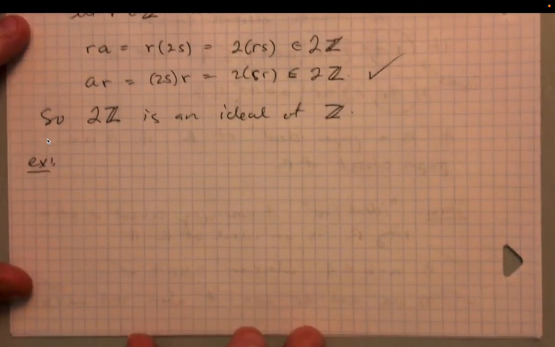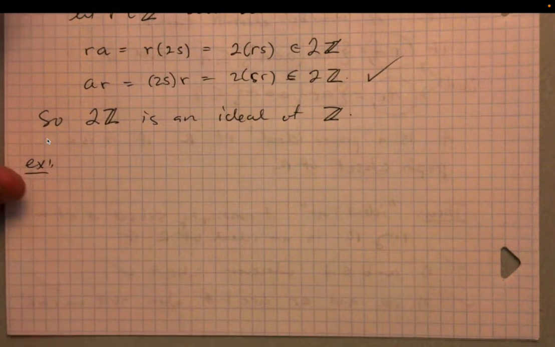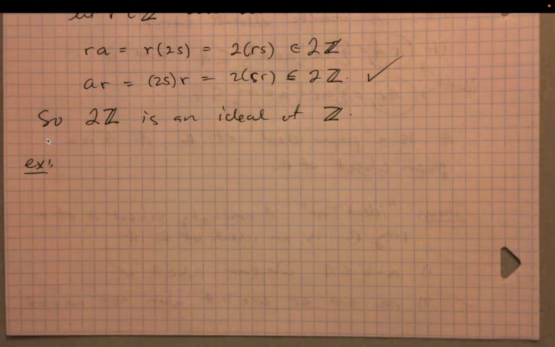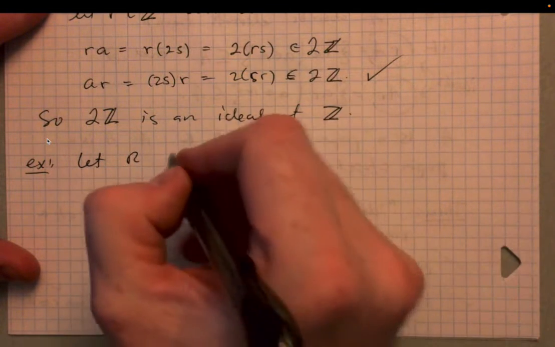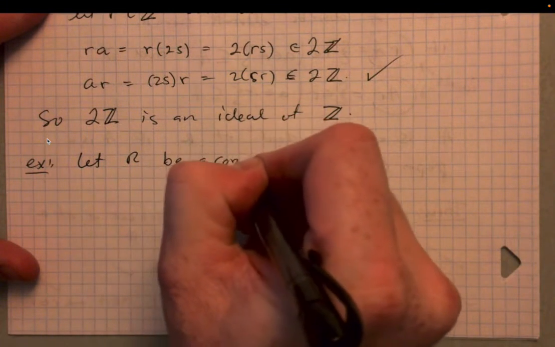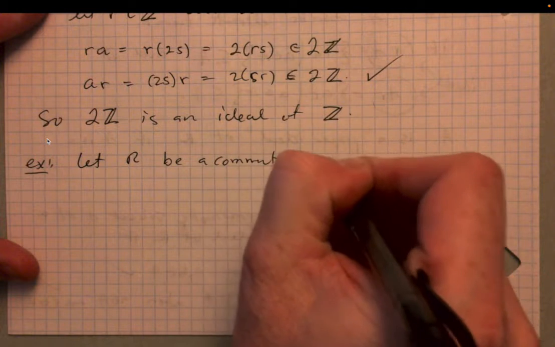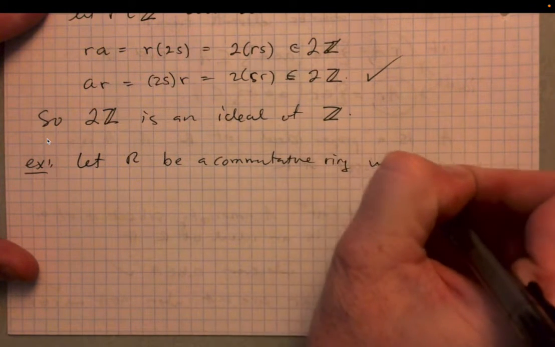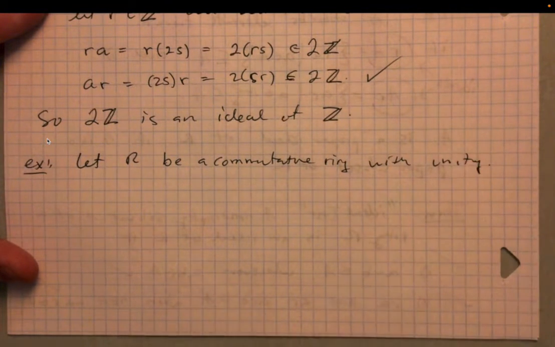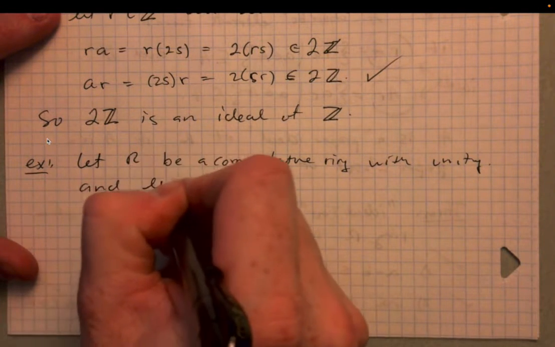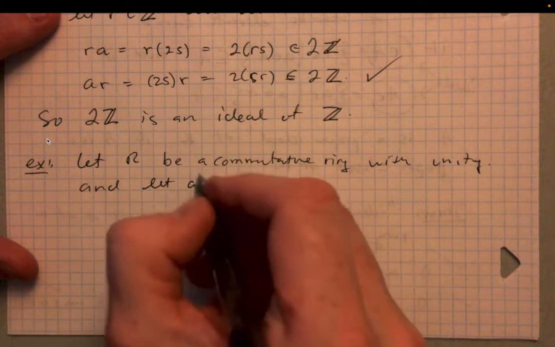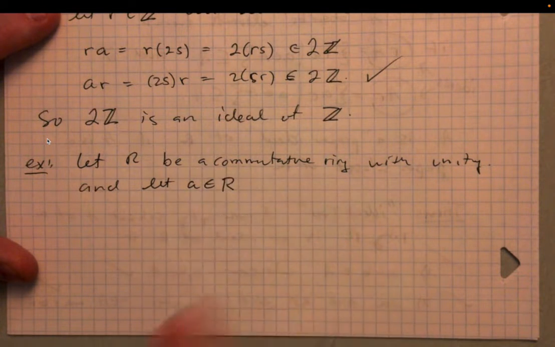Okay. So this is less of an example, a little bit more like a definition kind of, but let's talk this out. So let R be a commutative ring with unity, and let A be some element in the ring, right?